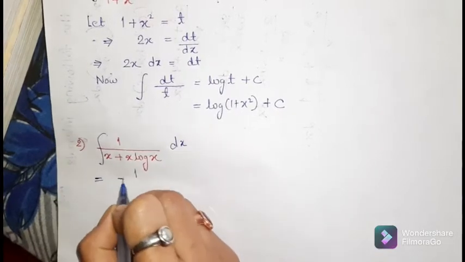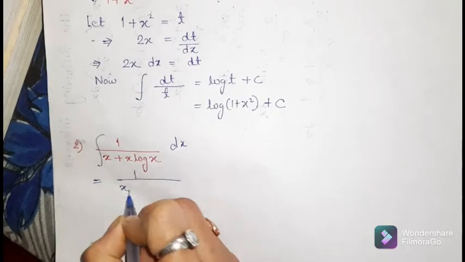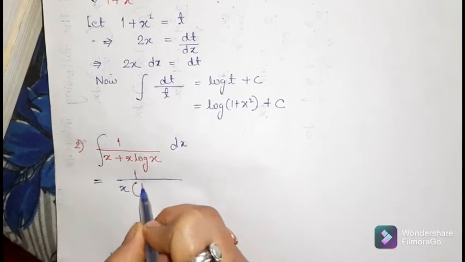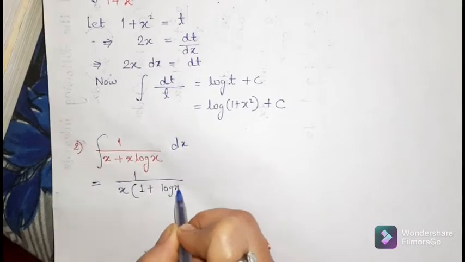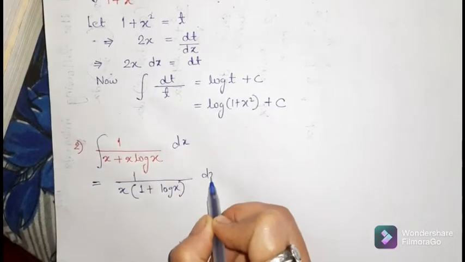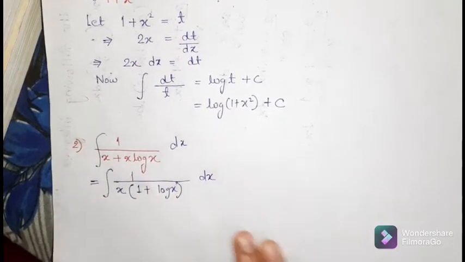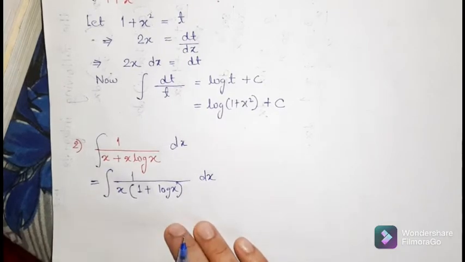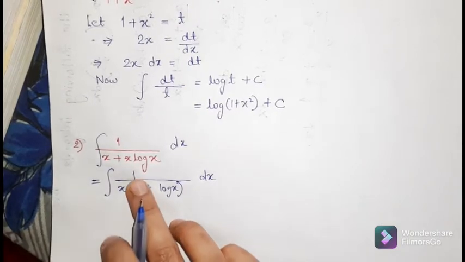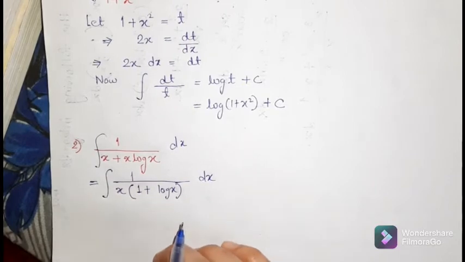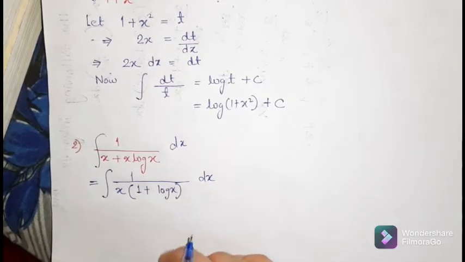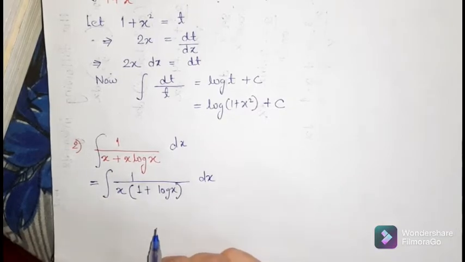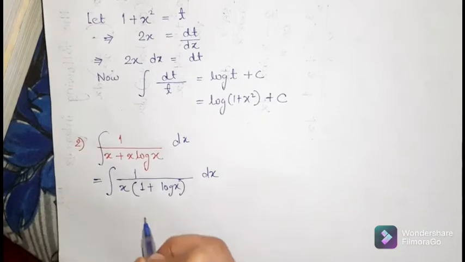Now see, if I take x common in the denominator, then in the bracket I remain with 1 plus log x, right? 1 by x, then bracket 1 plus log x. Now I have 1 by x dx, and here I have the function 1 plus log x.